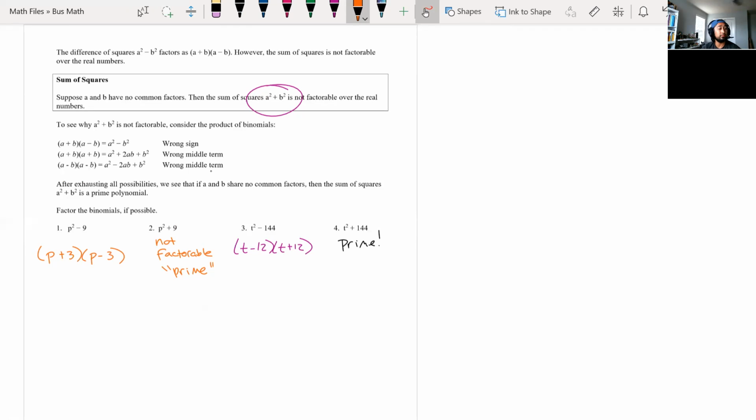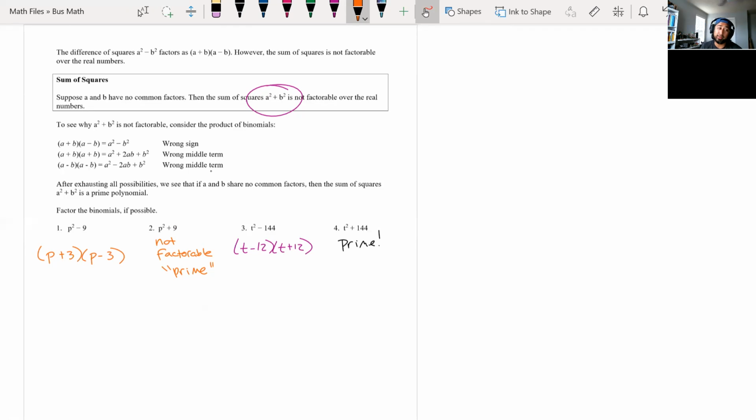So is there no way to factor those? Oh, you can, but you'll never learn it unless you switch your major. Okay. What major is that? Just a science, technology, engineering, mathematics major. Because we can actually factor them, but we're going to get imaginary values.